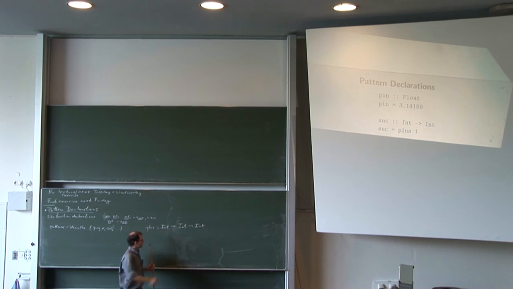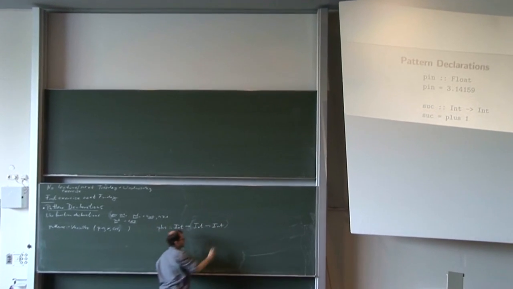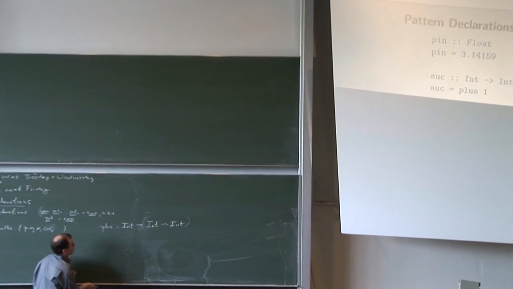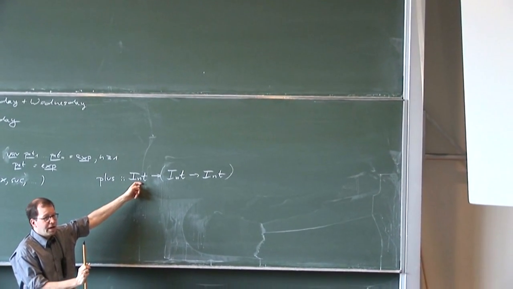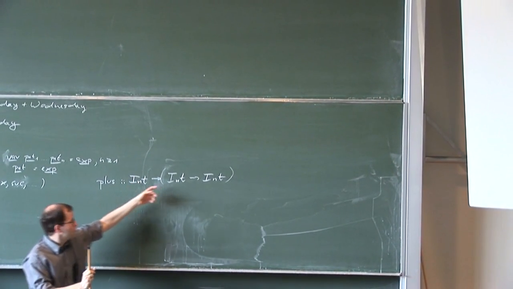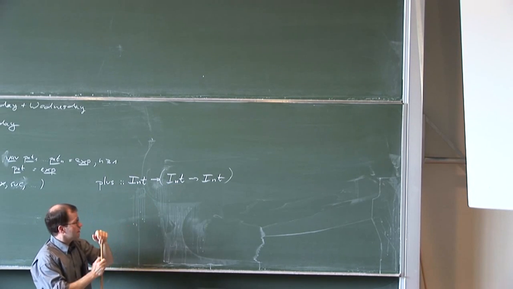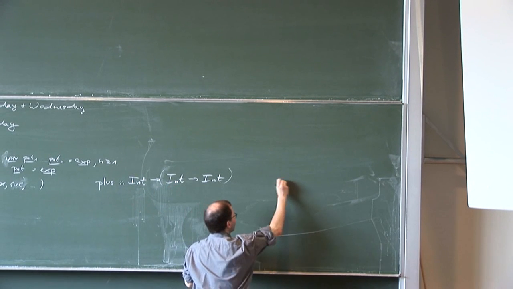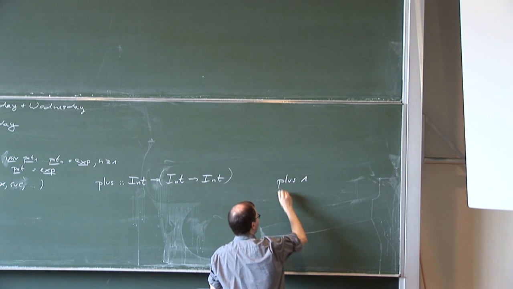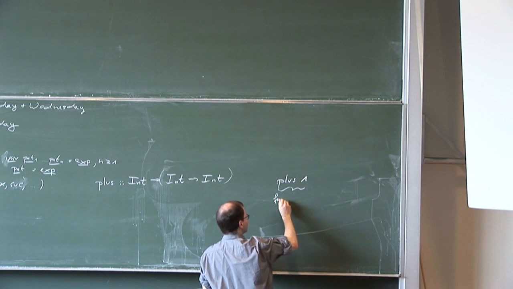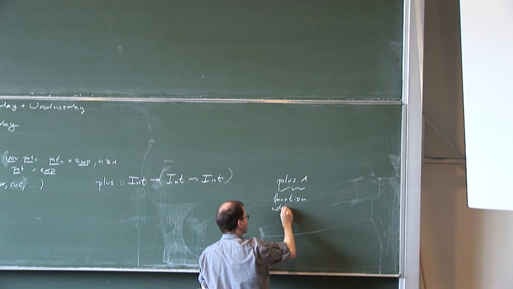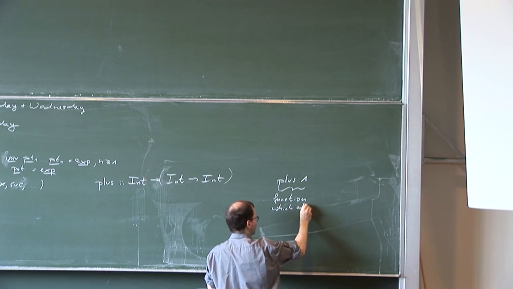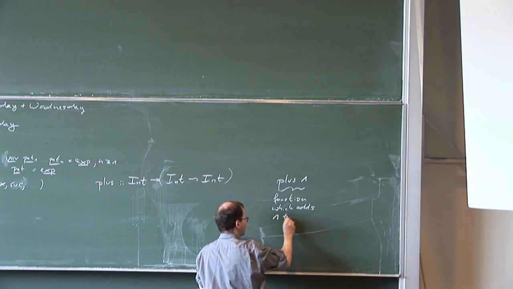So if we write it like this, then it is the same as if we would write brackets like here. So plus is a function which takes an integer, and the outcome is another function which waits for an integer and then would add these two integers. So in other words, plus 1 is the function from int to int, which increases its argument by 1, or which adds 1 to its argument.